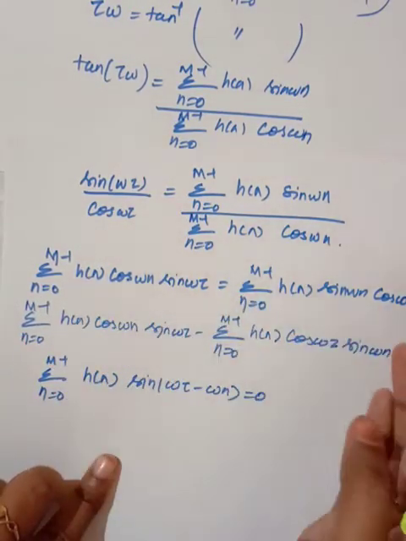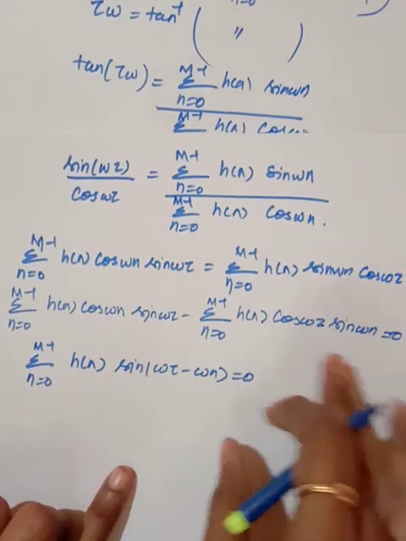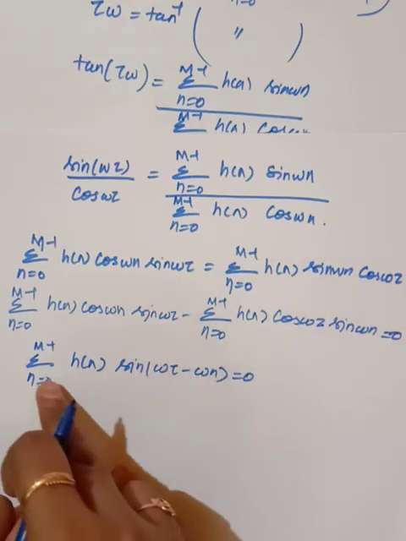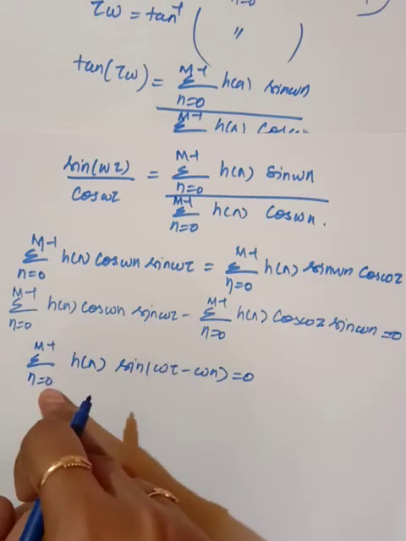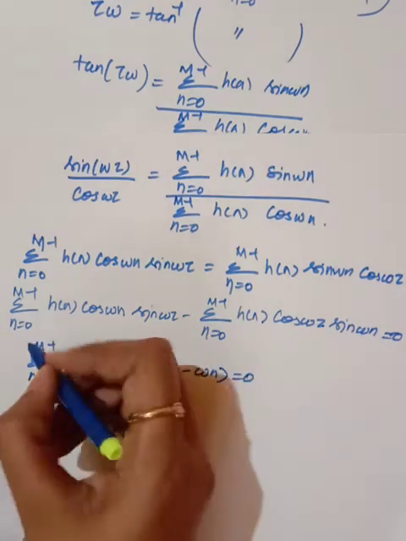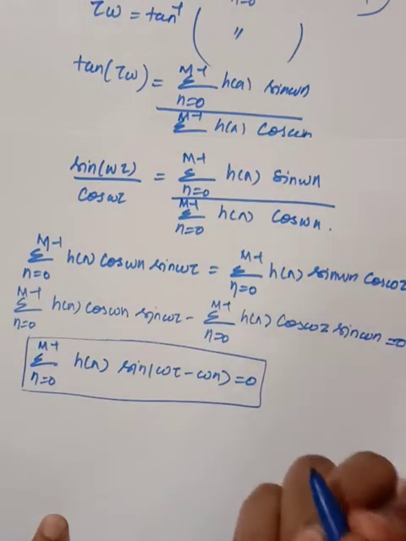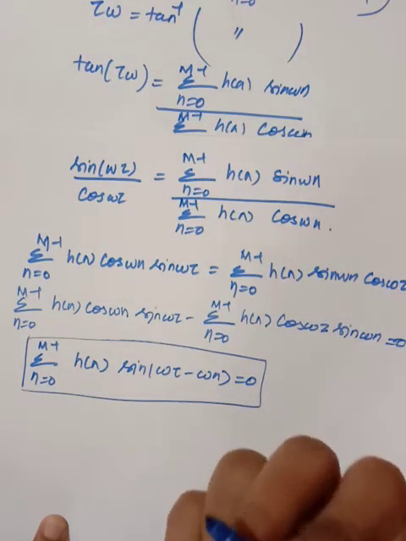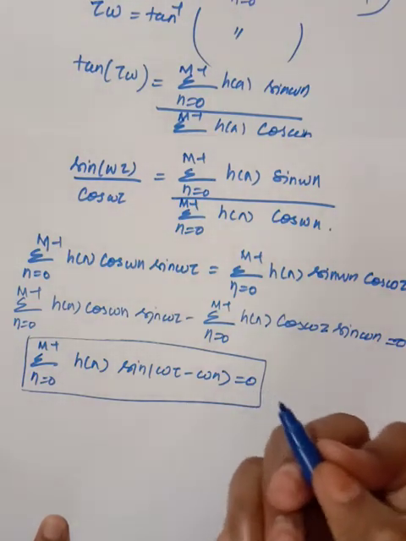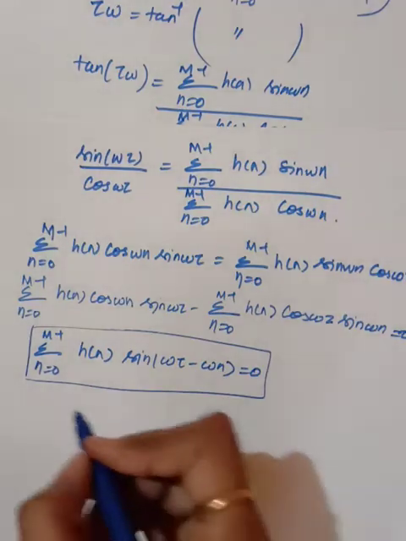When I bring this to one side, the equation is similar to sin A cos B minus cos A sin B. With h of n common, summation n is equal to 0 to M minus 1 h of n sin(omega tau minus omega n) is equal to 0. So we have proved this. In order to have a linear phase, the phase delay and group delay should be constant, and in order to have a constant phase delay and group delay, this condition should be satisfied.